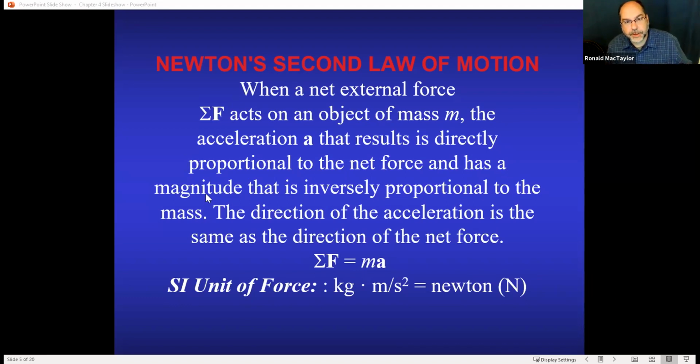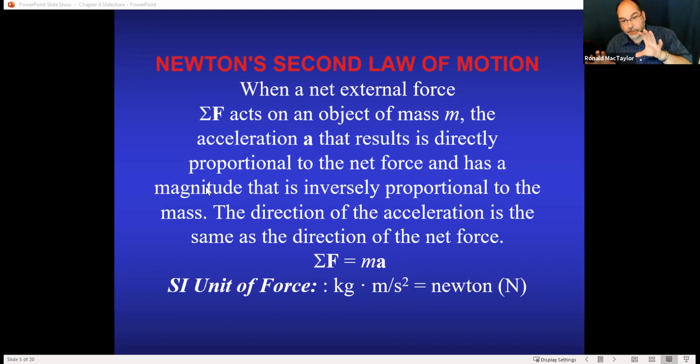That's a little bit trickier because when you say inversely proportional, you're like, what? But if the car is not very massive, if it's a light car, you push it with the same force, it will accelerate more. Whereas if your friend insists on sitting there in the passenger seat while you're trying to push the car, that will take more force from you to get it to move because there's more mass.